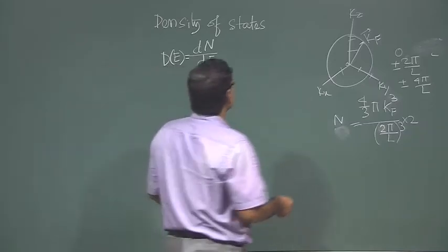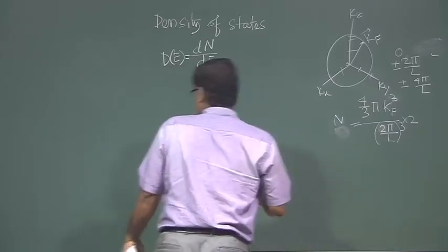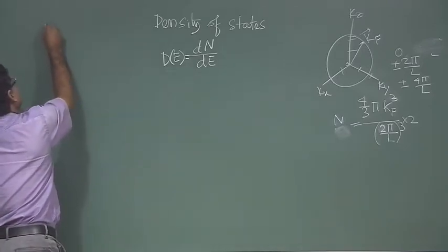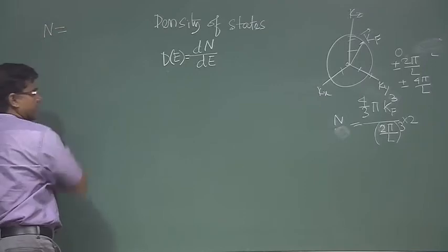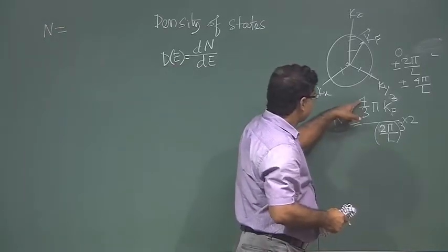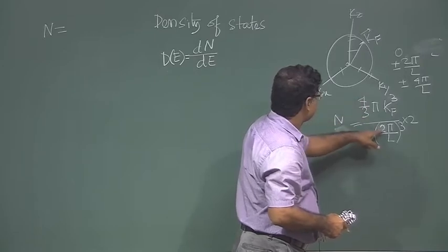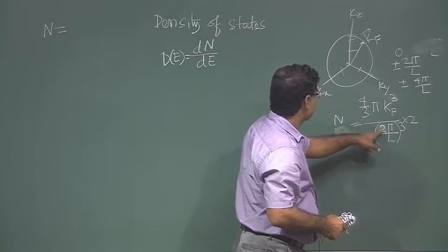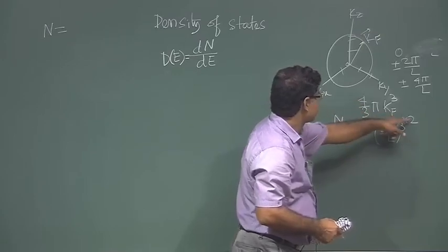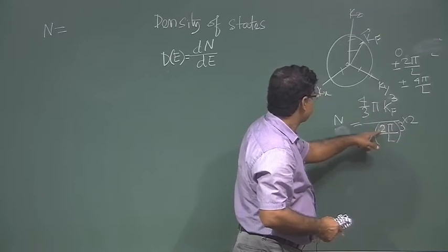So, n you will get, basically here, let me write, what you will get. This will give 8, for this 8. So, 8 will go.